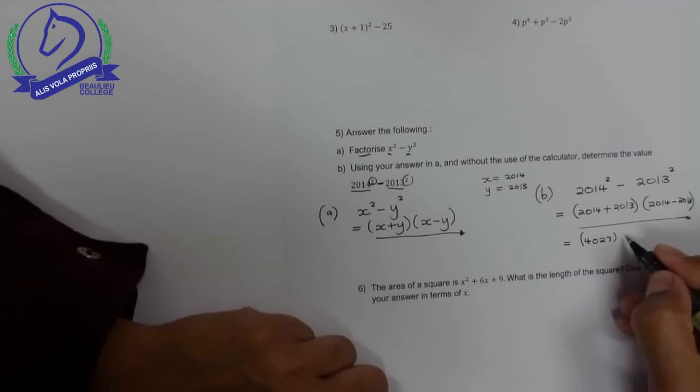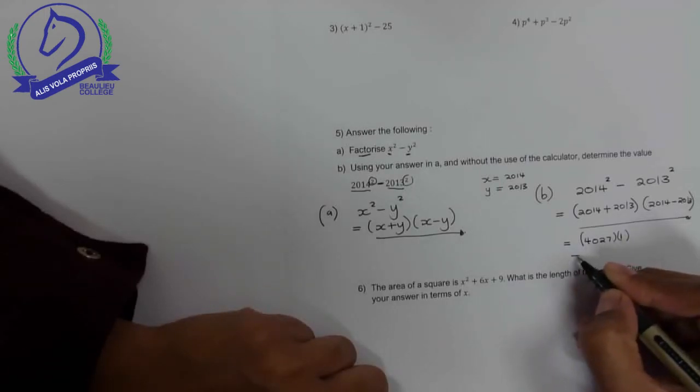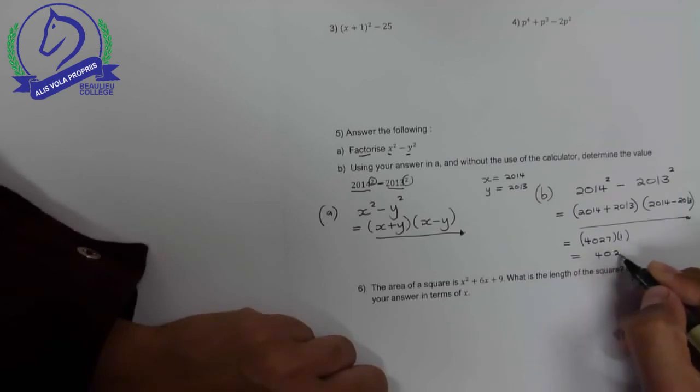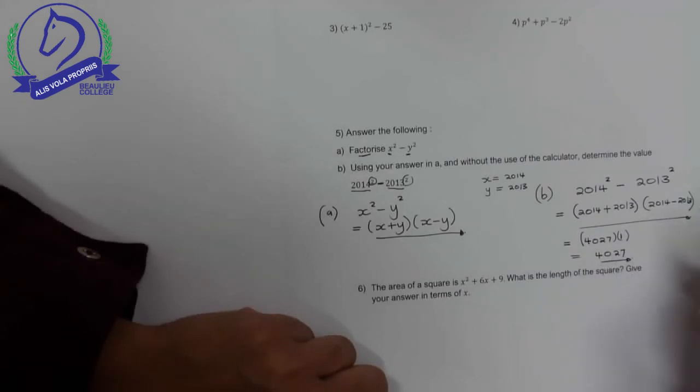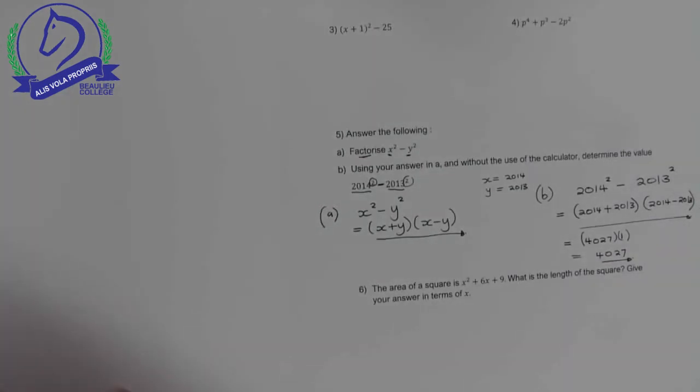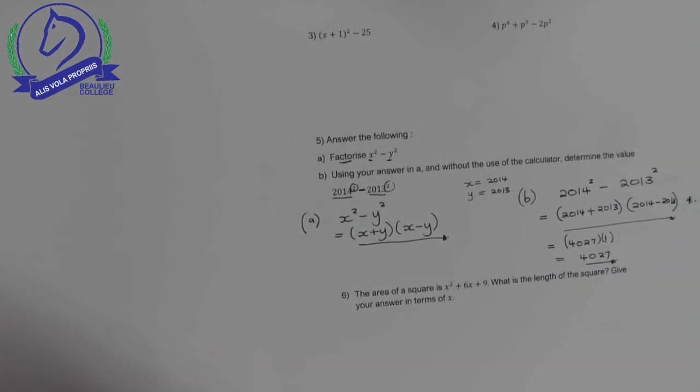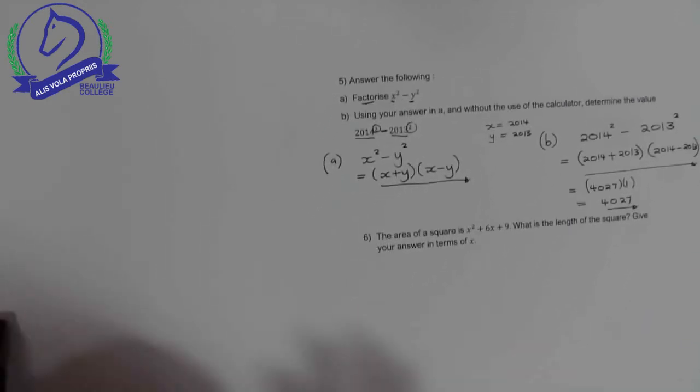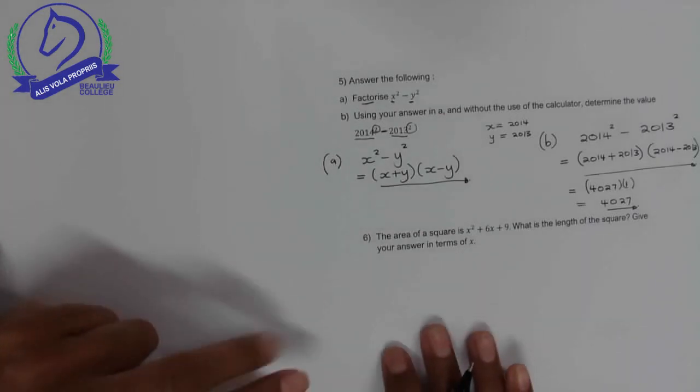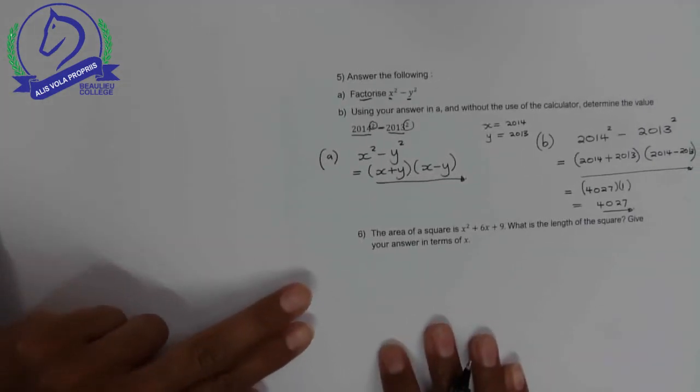The answer is 1. Which gives you 4027. So you can leave it there or you can stop here. This is the method that we are wanting without using a calculator. Right. I hope. How many of you had it right? Well, I can't see who actually has it right now, but well done to you if you did.